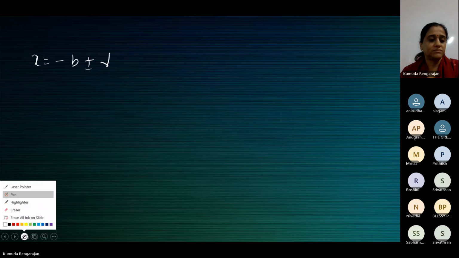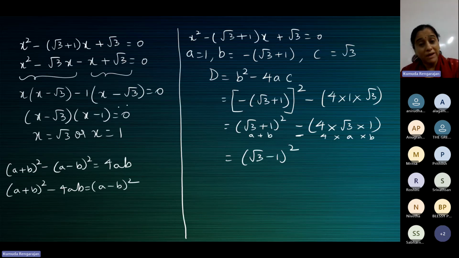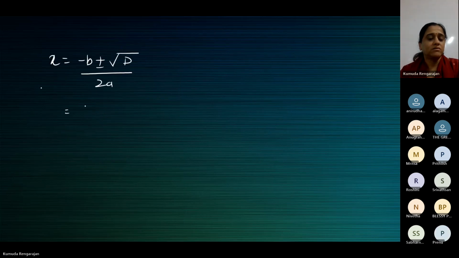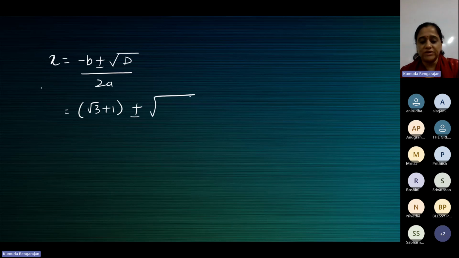Now x is equal to minus b plus or minus root d by 2a. Minus b is minus of minus, so it will be plus, or minus root of d.